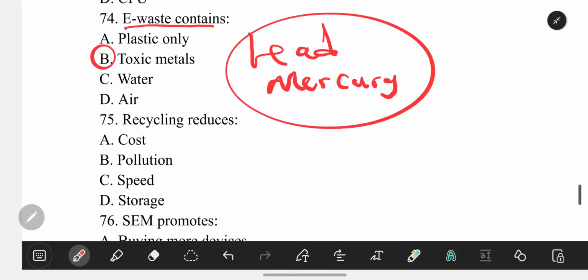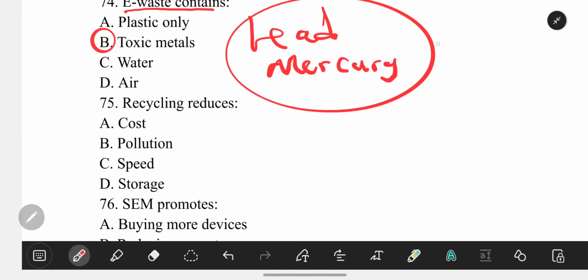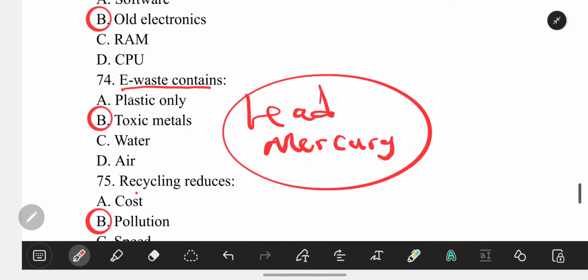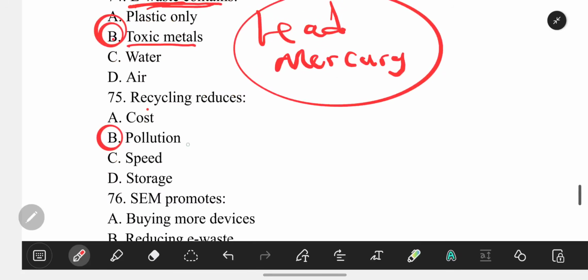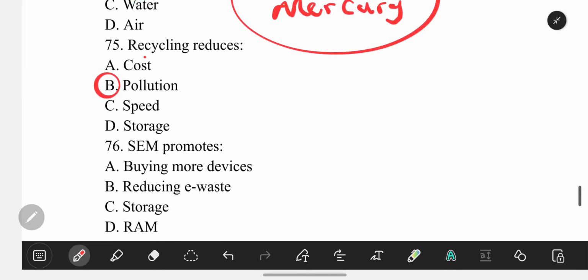So recycling, on the other hand, reduces. For this one, the best answer is recycling reduces pollution. So as we see, we have e-waste. It has these toxic metals, but if these are recycled, that simply means you are reducing pollution. Also cost, but the best answer is pollution in that regard.